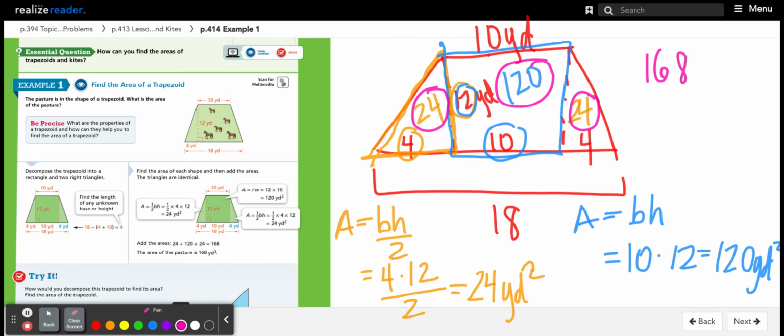We're talking about area, yards squared. So we found the area of the triangles. We found the area of the rectangle, and we added it all up. We decomposed this trapezoid into 3 shapes that we know the area formula for, and then we were able to add them up to find the area of the whole trapezoid.